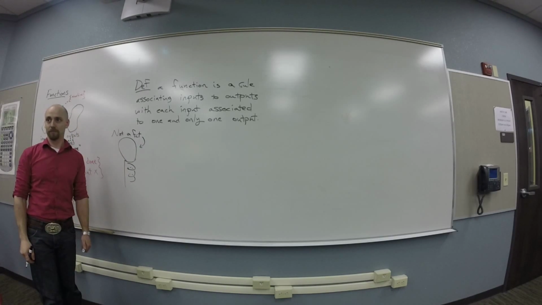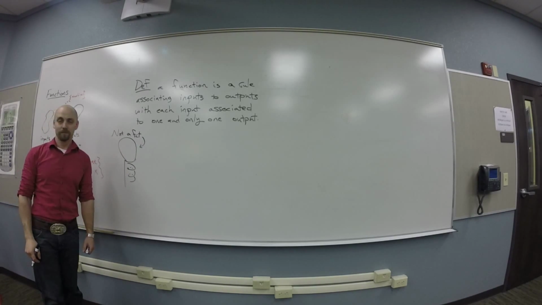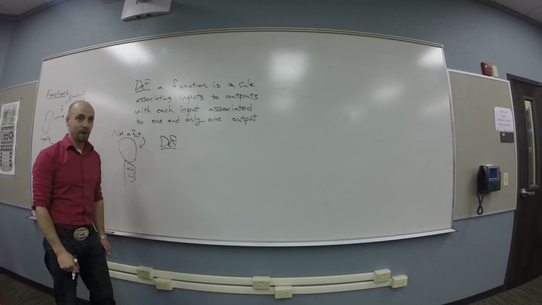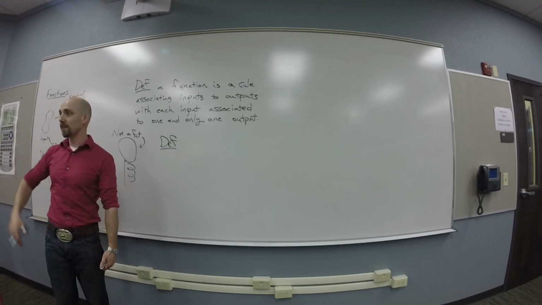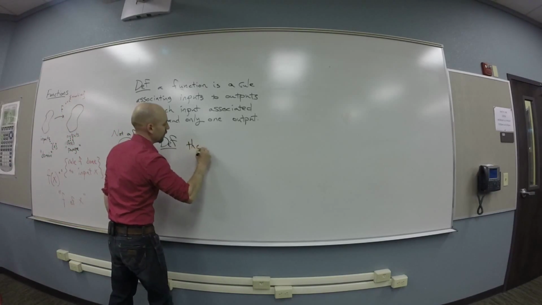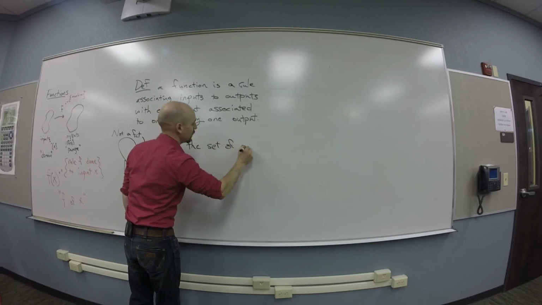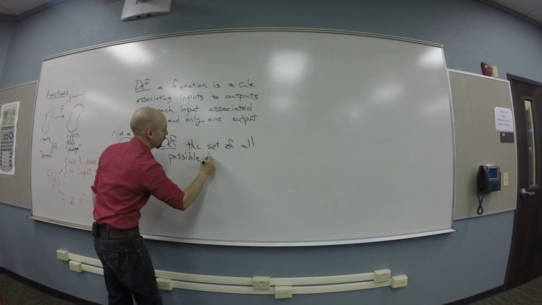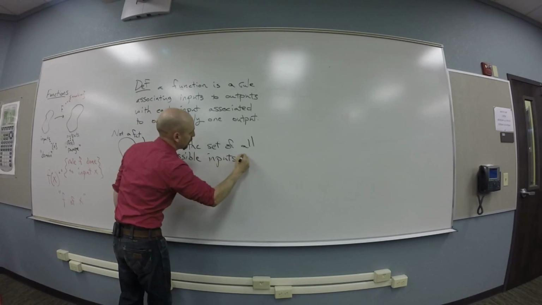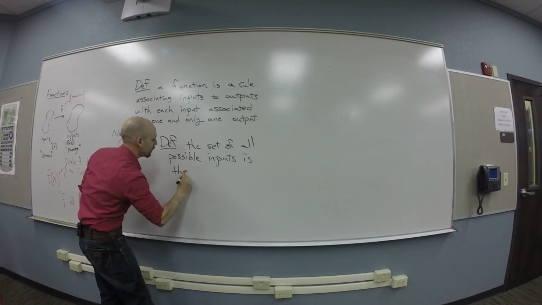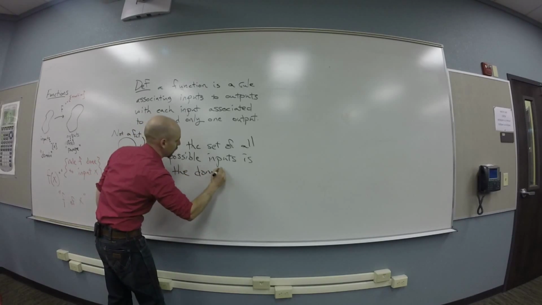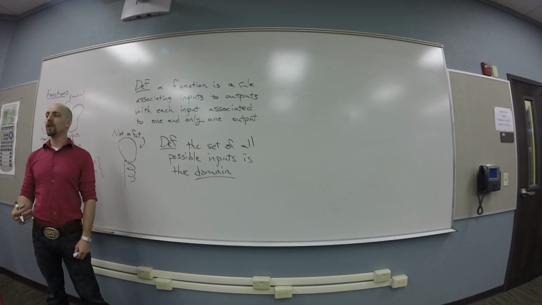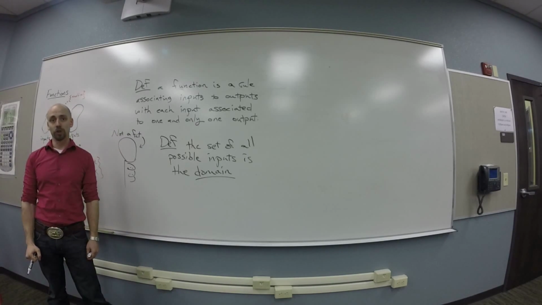Not a function. Good? All right. We need definitions for domain and range too, even though we've already kind of said those. So the set of all inputs is the domain. Realize too that each of these is associated to a function, right?